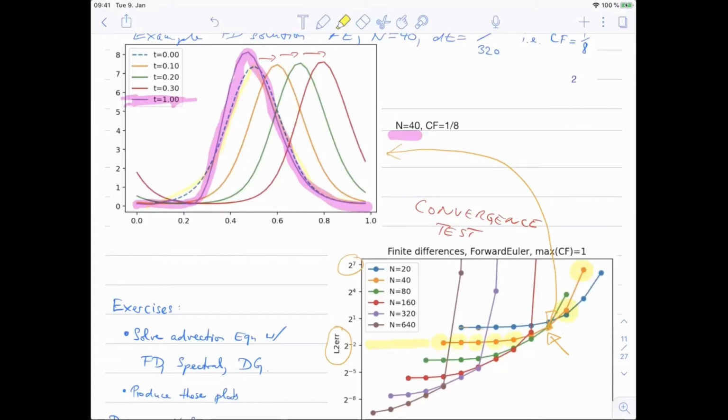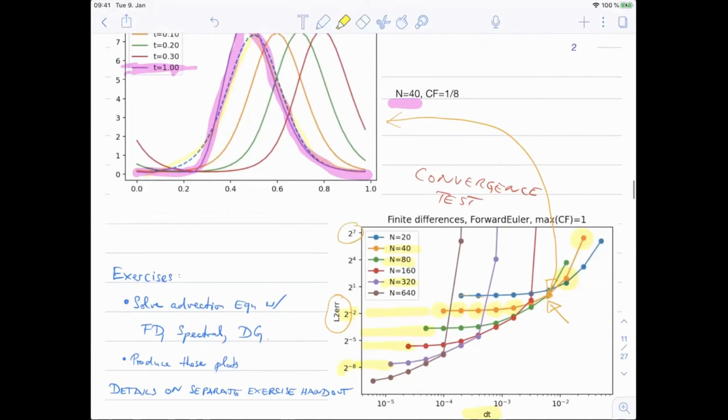If I want to have this error smaller, I need to increase the number of grid points, say from 40 to 80. And if I now go to 80, I'm actually gaining a factor of 4 in accuracy. To 160, I'm gaining another factor of 4. To 320, I'm gaining another factor of 4. So I have gained 1, 2, 3, 2 to the 6. I went from 2 to the minus 2 to 2 to the minus 8.